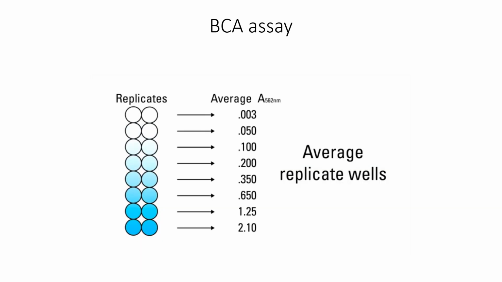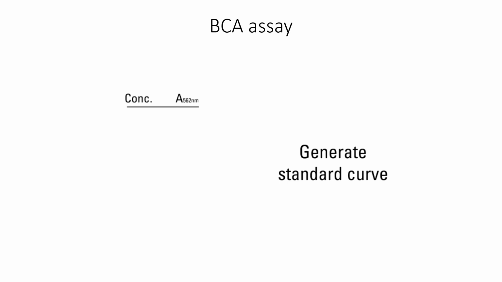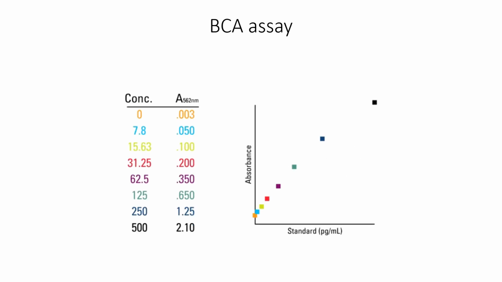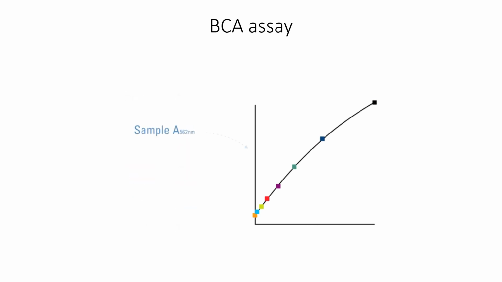Average all replicate values, and generate a standard curve by plotting the mean standard value. See, the first step is always to generate a standard curve. Then use the standard curve to interpolate the concentration of each sample based on its mean absorbance value.